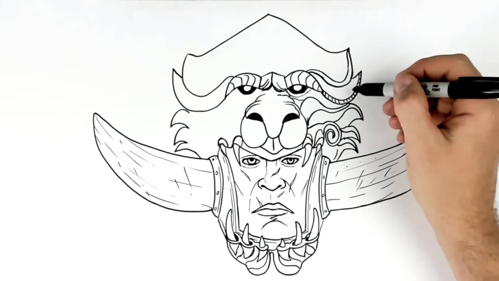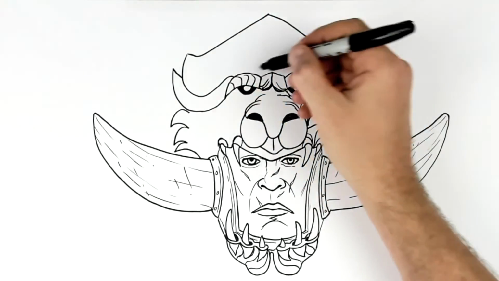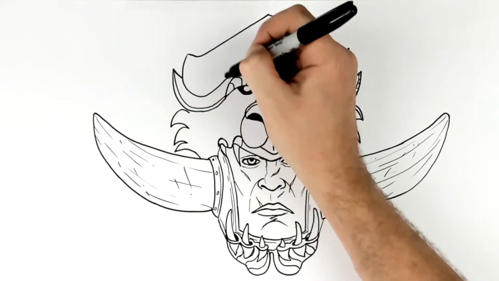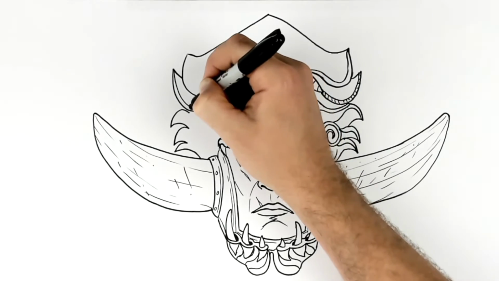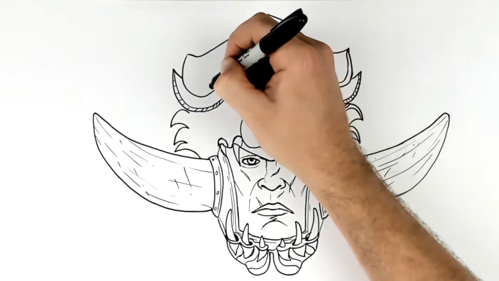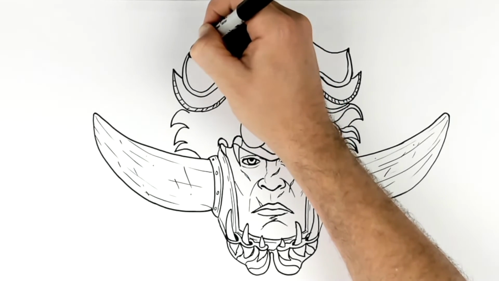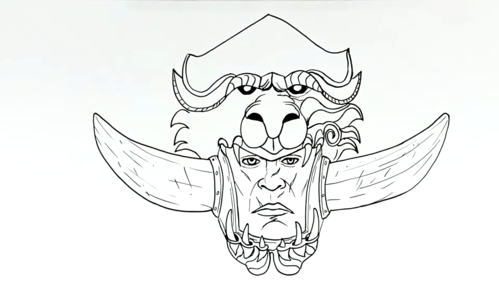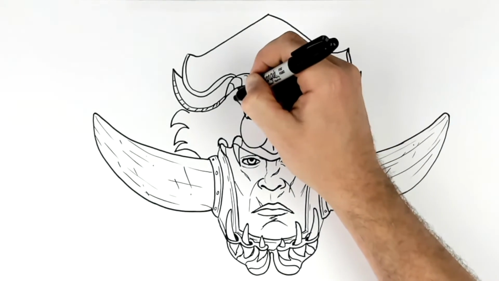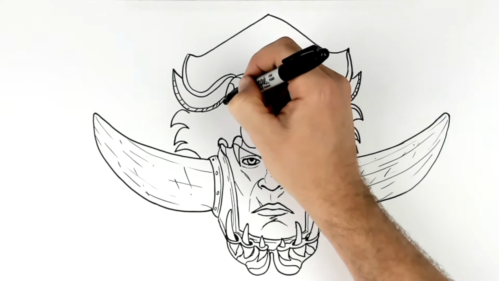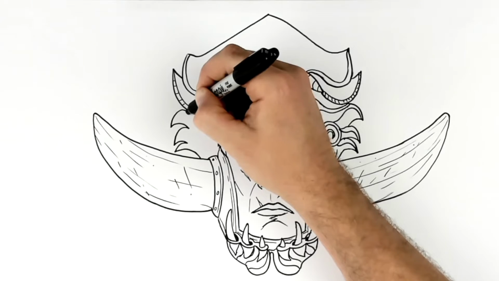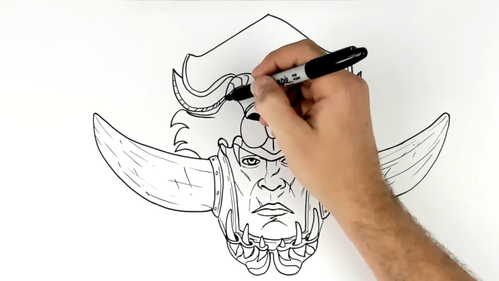We'll do this over this side. Add an edge to this one. And then we'll give him this sort of cheekbone thing here. Give this an edge.